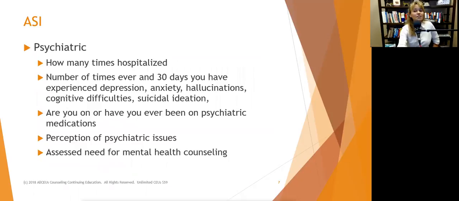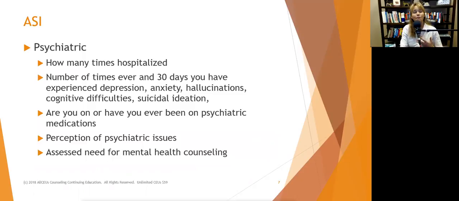Psychiatric: how many times have you been hospitalized for psychiatric issues? Schizophrenia, suicidality, homicidality, any of those. The number of times ever and over the last 30 days, have you experienced depression, anxiety, hallucinations, cognitive difficulties, and suicidal ideation? So it goes down kind of the laundry list of the big ones.